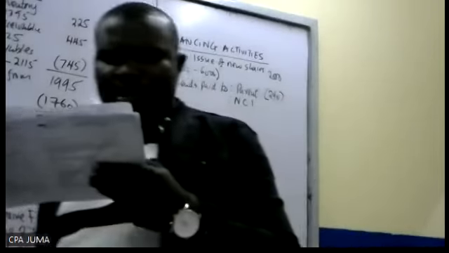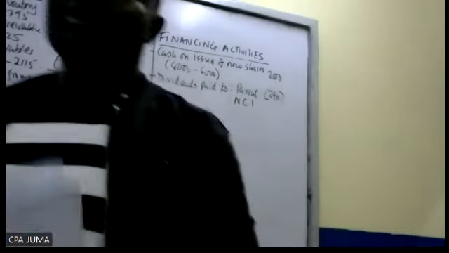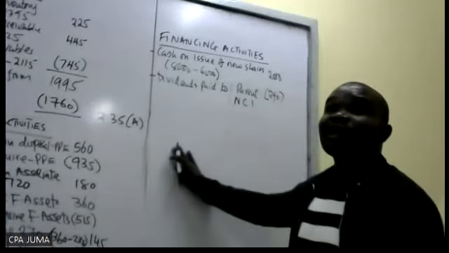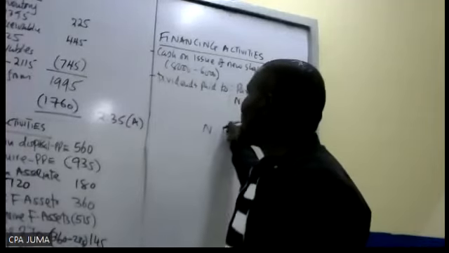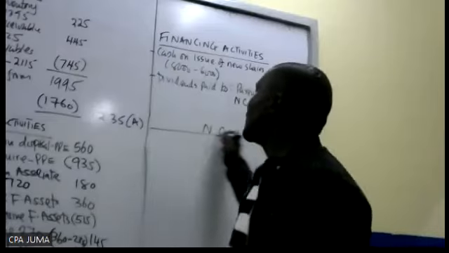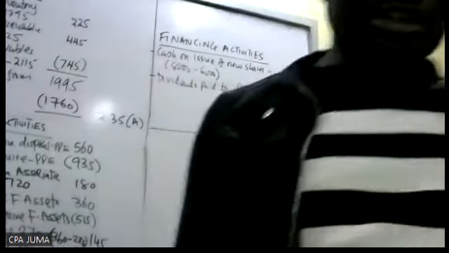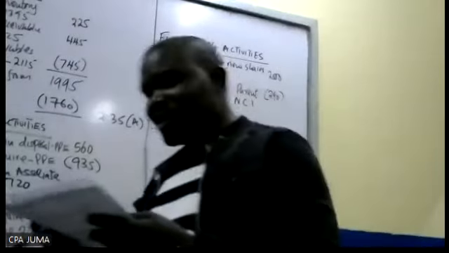Next item, equity attributable to non-controlling interest. They will give you problems. Let's calculate their dividends before they bring problems.